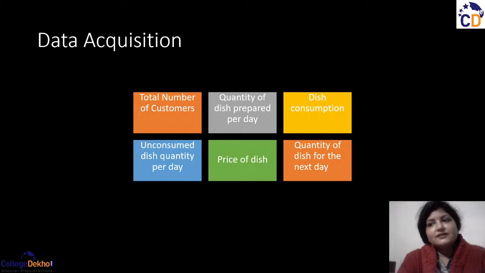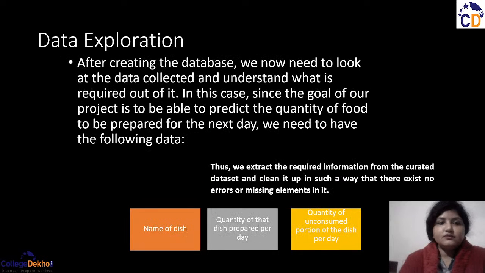So let us move to the next phase. Not all the factors are to be used in the coming model. We are going to use only the important factors which are influencing the problem. So the third stage is data exploration. After we have collected the data, we have seen there are 3 important factors.